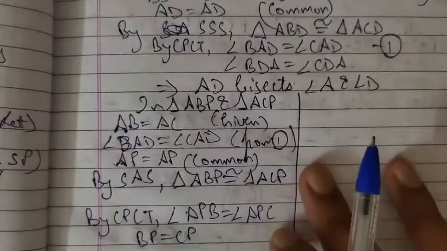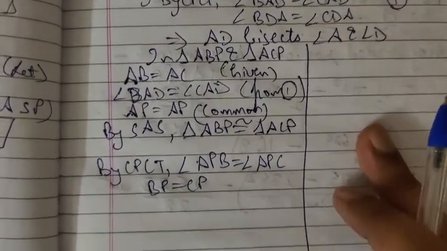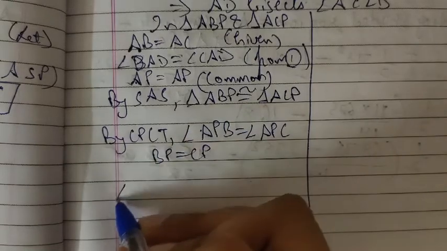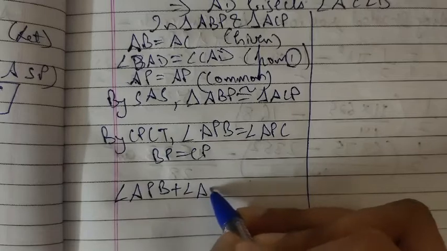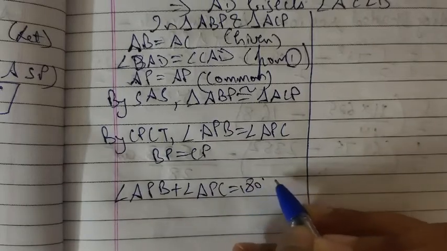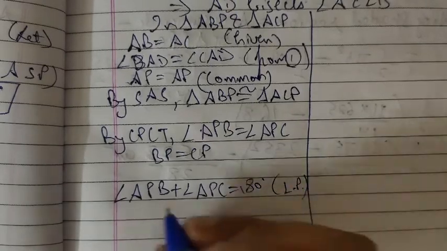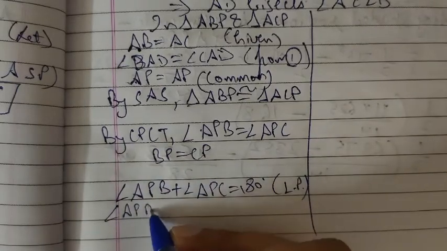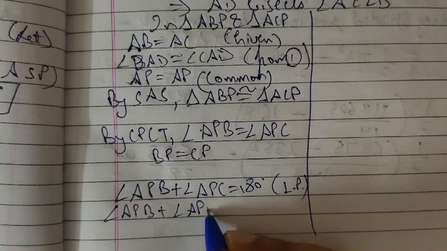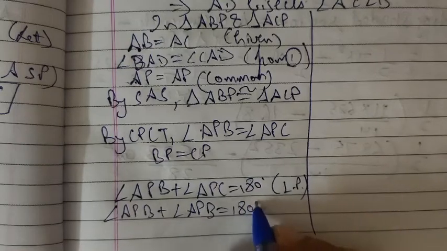So we know that angle APB plus angle APC is equal to 180 degrees. Reason, linear pair, right? So APB is equal to APC, so angle APB plus angle APB is equal to 180 degrees.